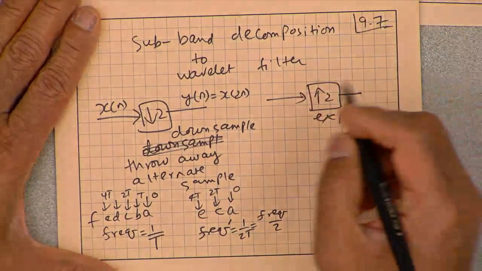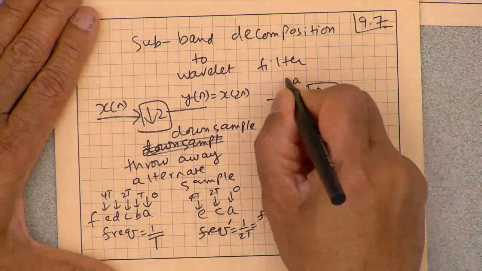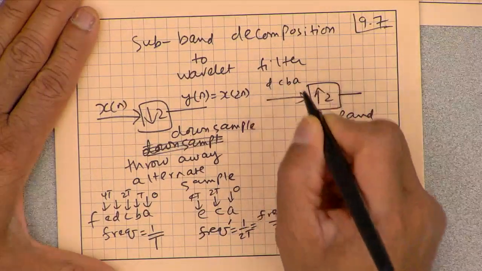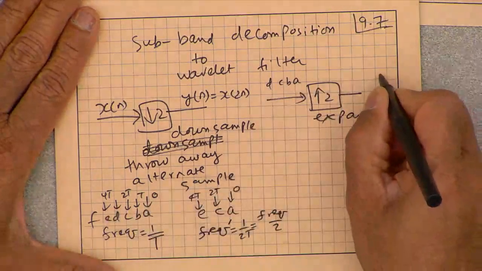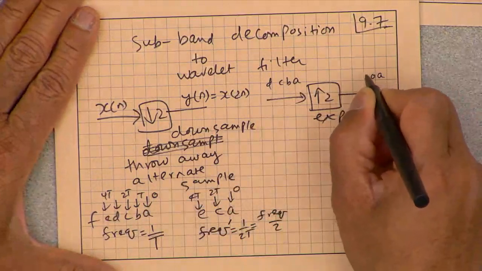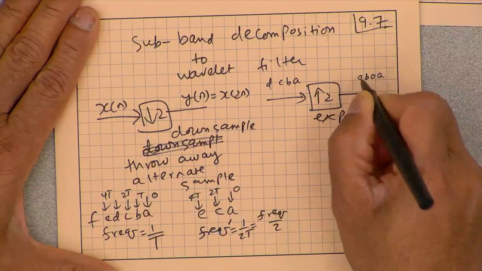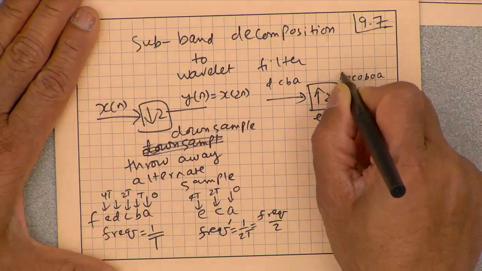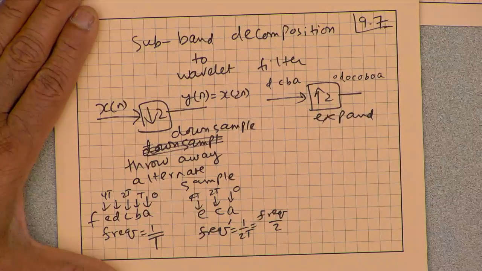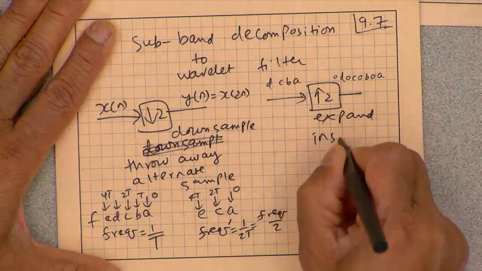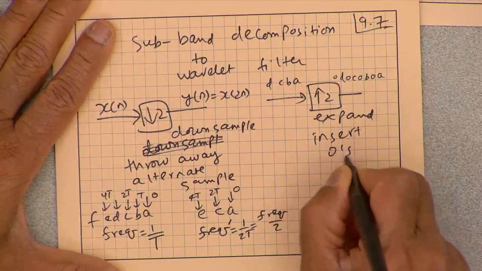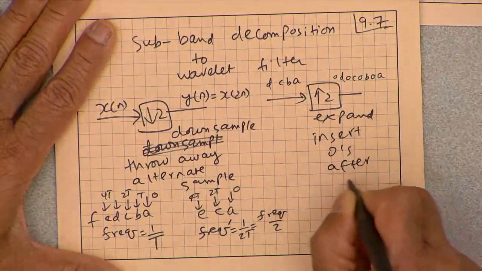Expand, on the other hand: if I take input signals A, B, C, D, then I get A, 0, B, 0, C, 0, D, 0, and so on. That's really what expansion does: insert zeros after every sample.